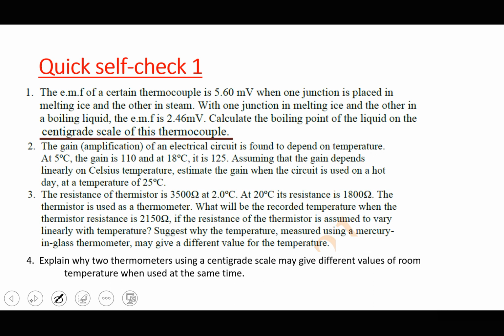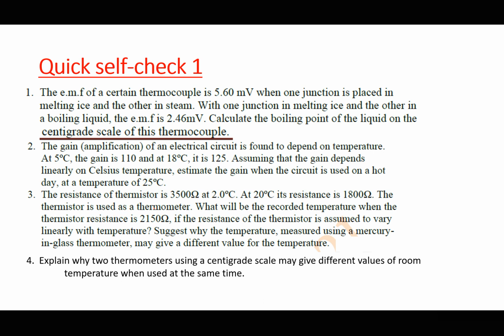Number 2, the gain of an electric circuit is found to depend on temperature. At 5 degrees Celsius, the gain is 110, and at 18 degrees Celsius, it is 125. Assuming that the gain depends linearly on Celsius temperature, estimate the gain when the circuit is used on a hot day at a temperature of 25 degrees Celsius.